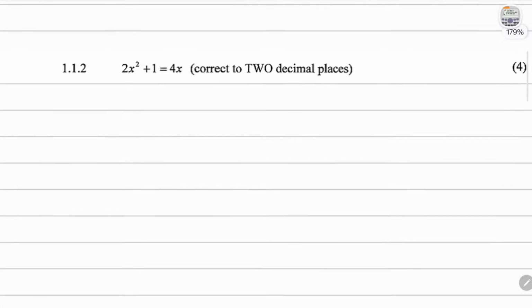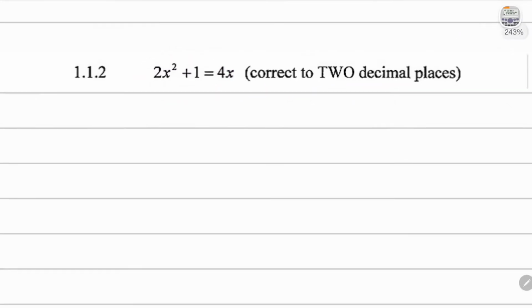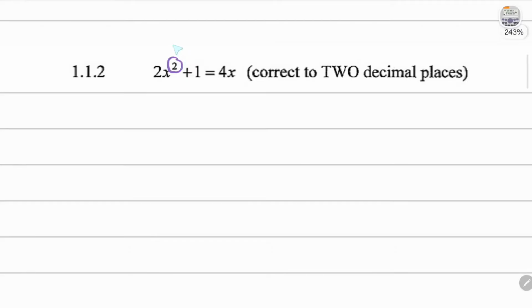Question 1.1.2, we are given a quadratic equation and we are told to solve for x correct to 2 decimal places. Now, we know this is quadratic because you can see that the highest exponent on x is a 2. And with that being said, this is not in the standard format of a quadratic equation.